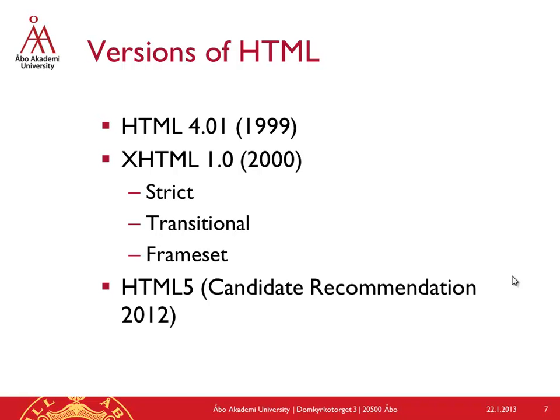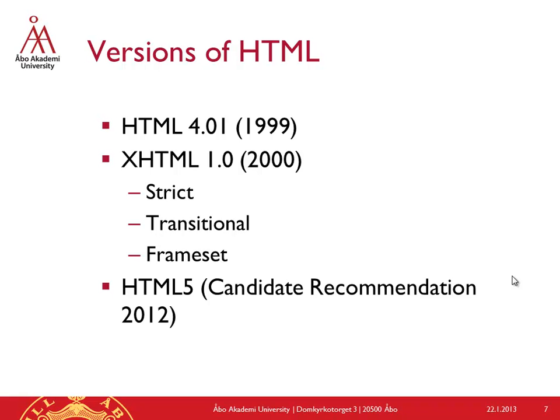I can say that there are 3 of these versions because 3 different levels of comparison to the previous versions were proposed. The first one is strict. The strict version requires very comprehensive rules to be kept.